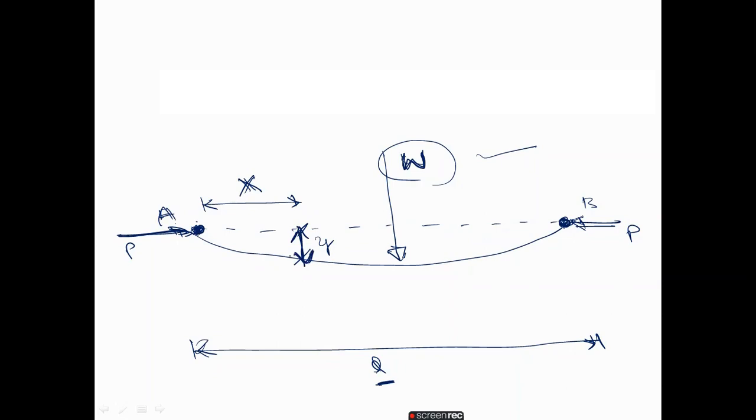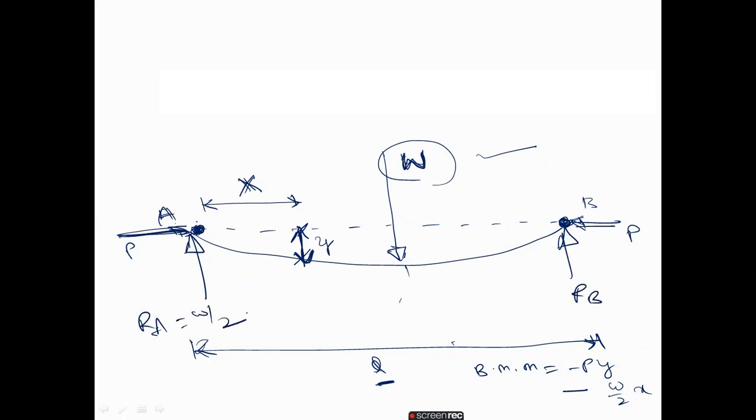Now for this case, we have to calculate the bending moment M. What happens? P into y, it is in this sign, that's why minus P into y. Minus here W is there. Sorry, not this W. We have to take the reactions, RA and RB.